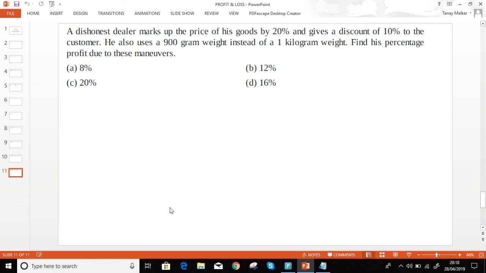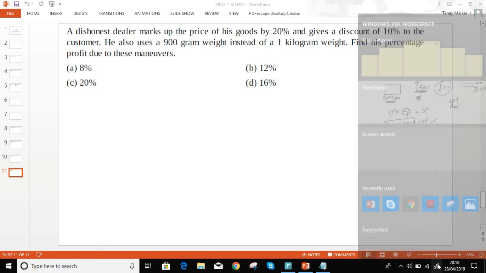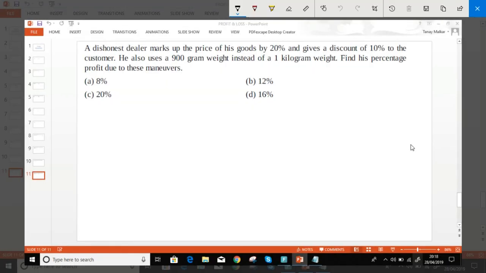Okay, now we will see one last question of type 3, of a dishonest shopkeeper. A dishonest dealer marks up the price of goods by 20% and gives a discount of 10% to the customer. He also uses 900 grams weight instead of 1 kg weight.